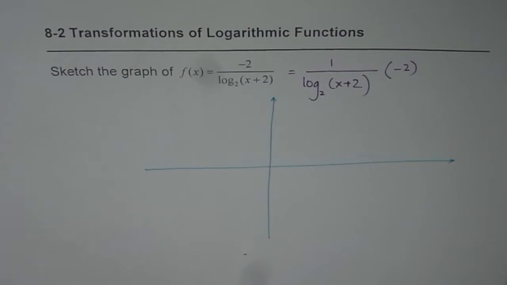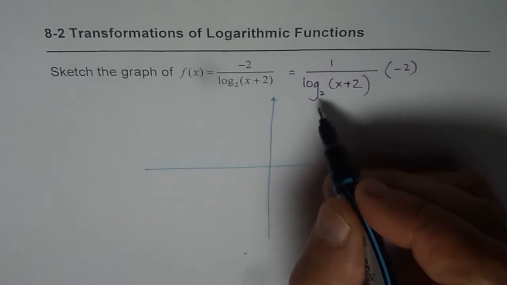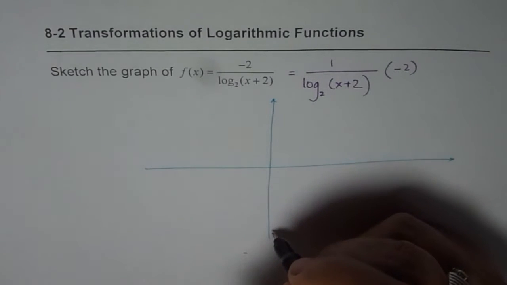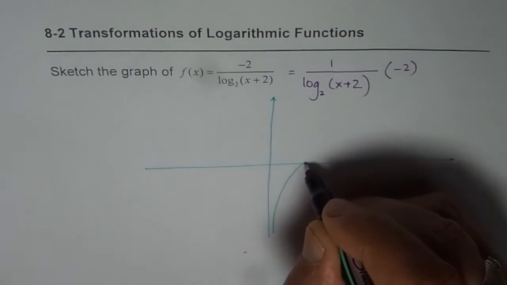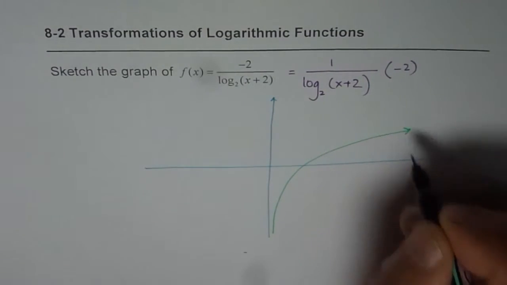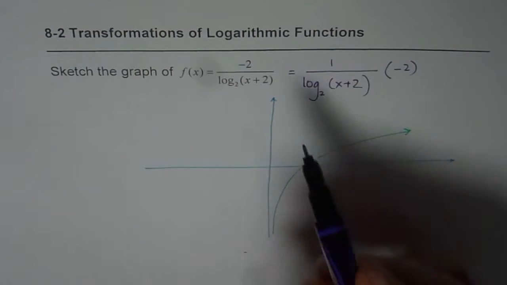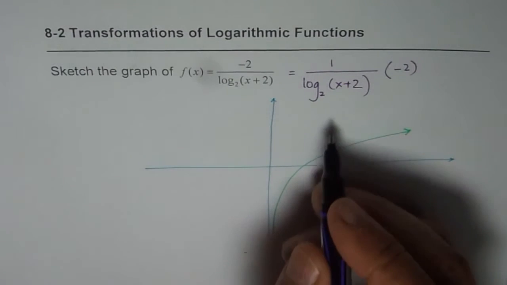So starting from the base function, which is log to the base 2, we can sketch a graph which is kind of like this. I'm doing a very rough sketch for you. So let us say this is our base function, log to the base 2 of x.